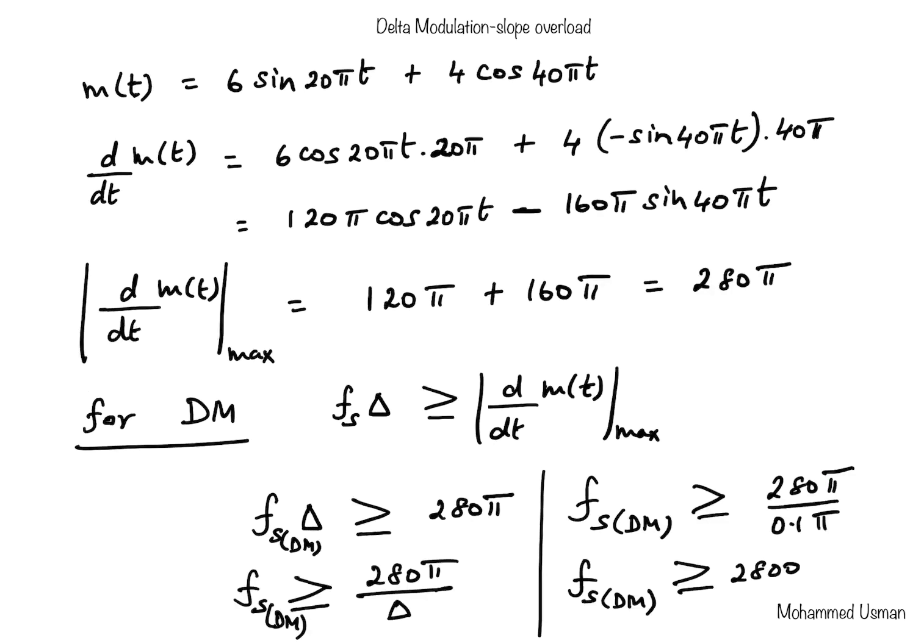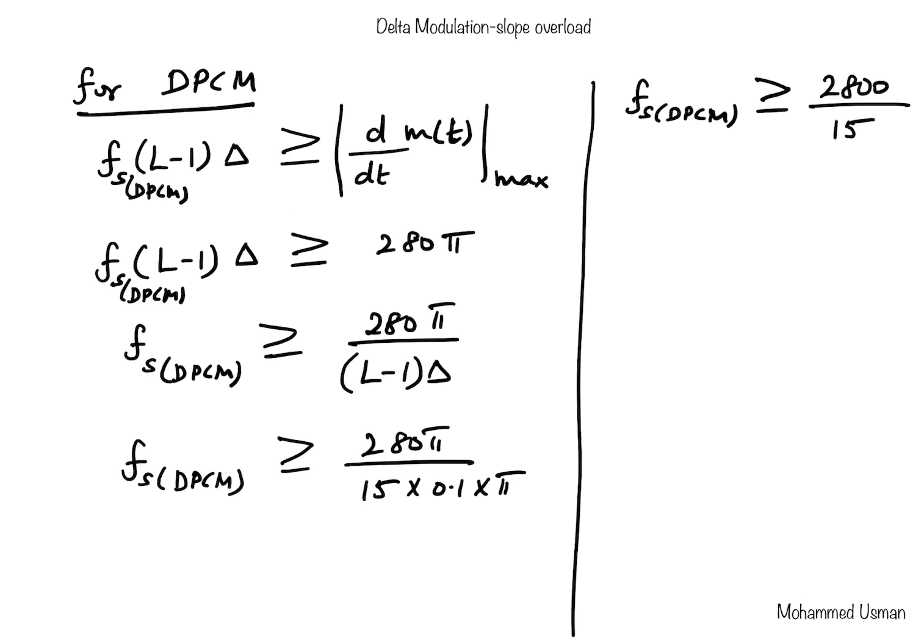Compare this with the sampling rate required for delta modulation, which is 2800. So that's our solution for the minimum sampling rate required for DPCM. If you see here, delta modulation requires a sampling rate which is higher by a factor of 15, because in DPCM you have 2800 divided by 15.